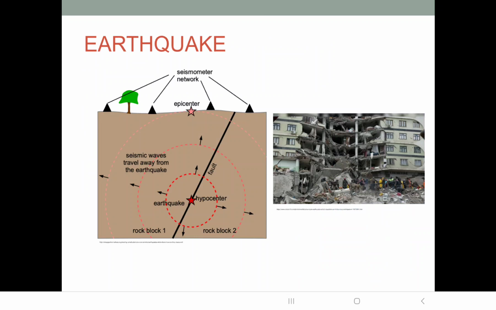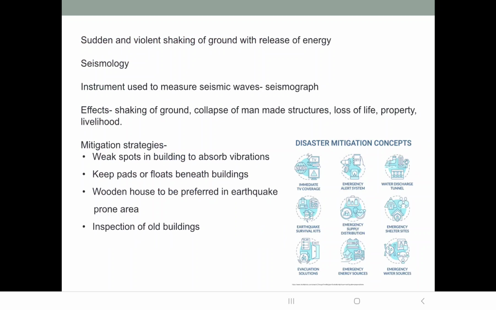So a sudden and violent shaking of the ground, releasing energy in the form of seismic waves which reach the surface of the earth and are responsible for large scale destruction, is known as an earthquake.